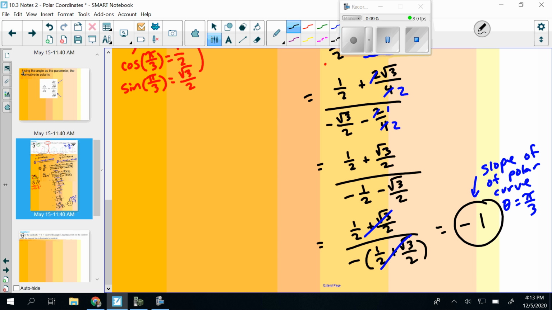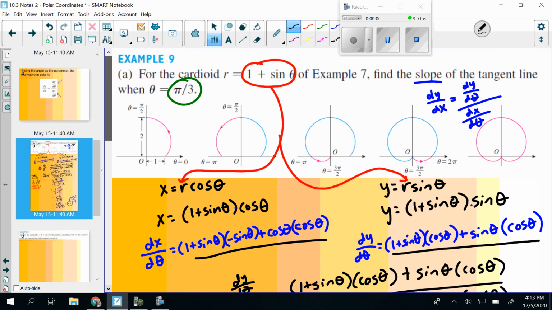If you go back to the picture here, just to give you a visual of what we just found, here's 0, there's pi over 2, and pi over 3 is probably somewhere in there. So what that's telling us is the tangent slope there is negative 1 when this angle right here is pi over 3. Okay, so that gives you kind of a visual there of what's going on.